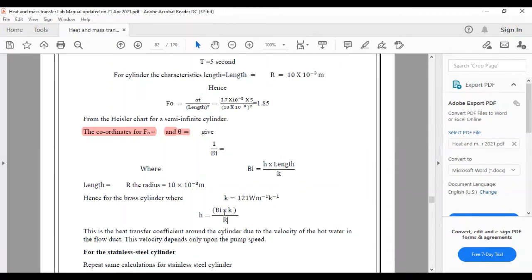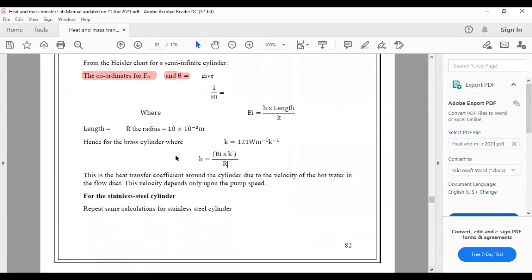Here r is the length of the cylinder, and all other values are given. By using all of those values, we will compute h, the convective heat transfer coefficient.